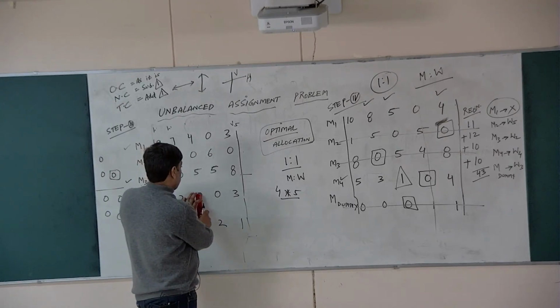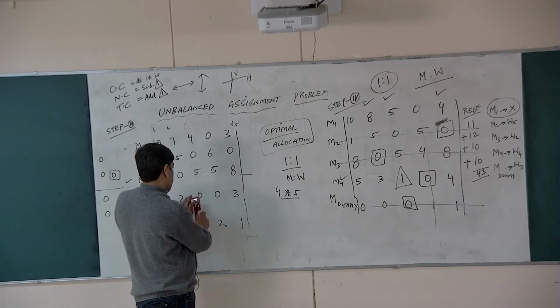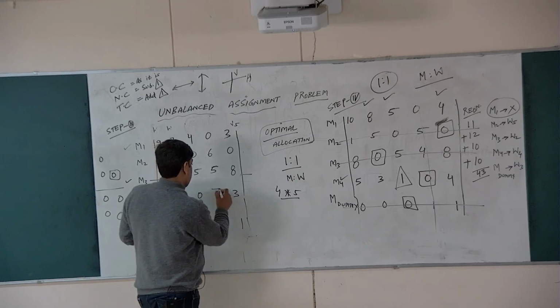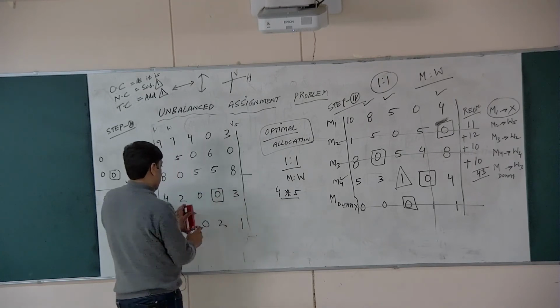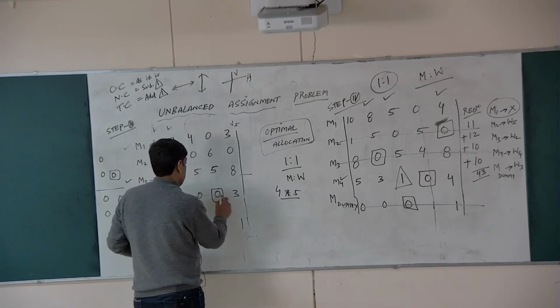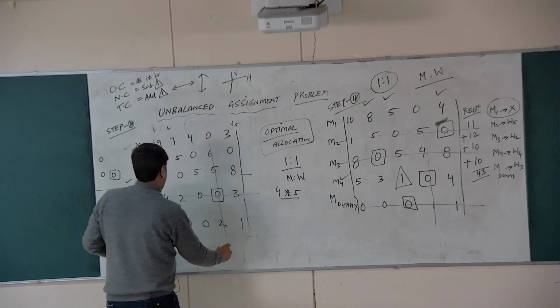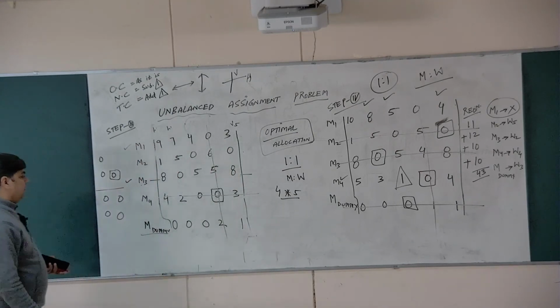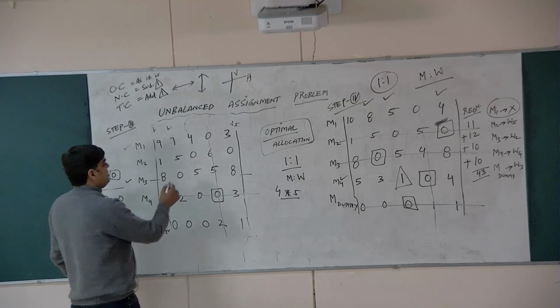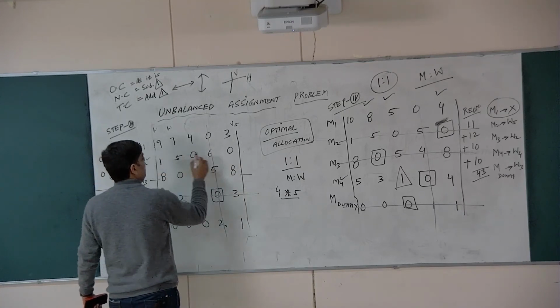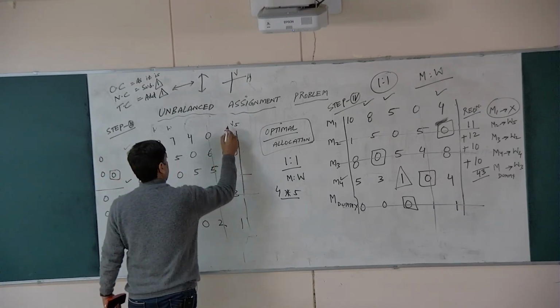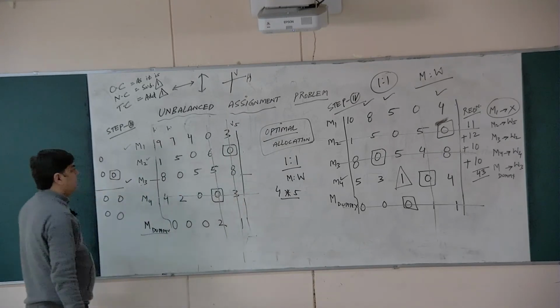I block these two zeros, its row as well as its column. Right? Next is, can I proceed this way?